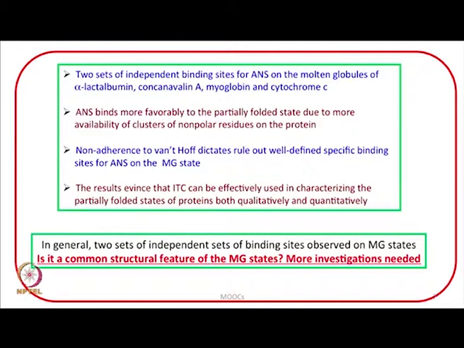The examples that I presented in this lecture suggest that in general there are two sets of independent binding sites observed on the MG state. And the molten globule state which I am referring to in these examples are the ones in which the tertiary structure is lost but the secondary structure is intact.